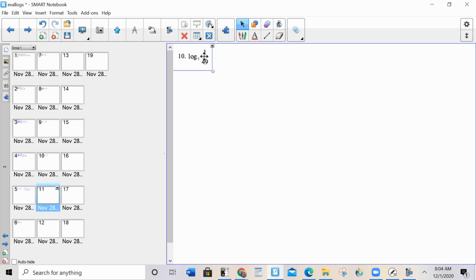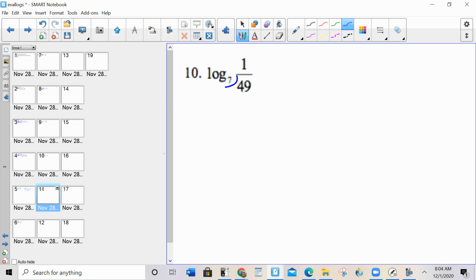All right, now let's kick it up a notch. This is saying 7 to what power is 1 over 49? Well, we learned last week that negative exponents are fractions. So since I see a fraction, I know that I'm raising it to a negative exponent.